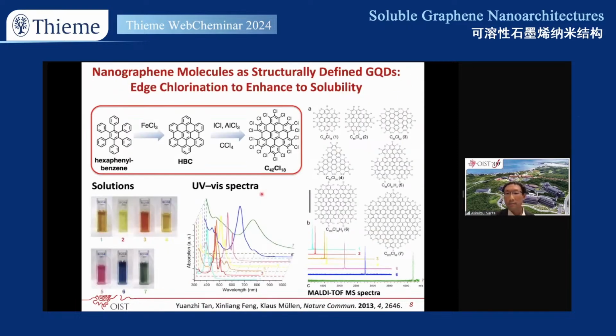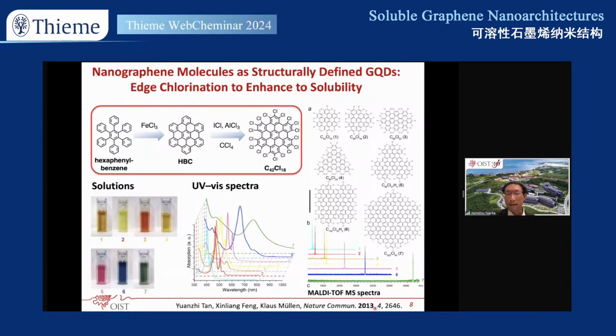And going to the nanographene quantum dots, Professor Müllen has demonstrated the very facile and quantitative synthesis of hexabenzocoronene, HBC, using hexaphenylbenzene as precursor, and then doing the cyclodehydrogenation. But this HBC, when it's not substituted, is completely insoluble.